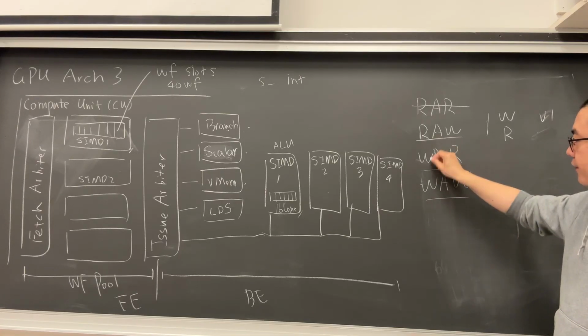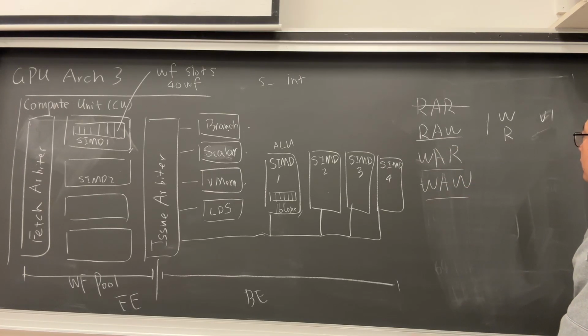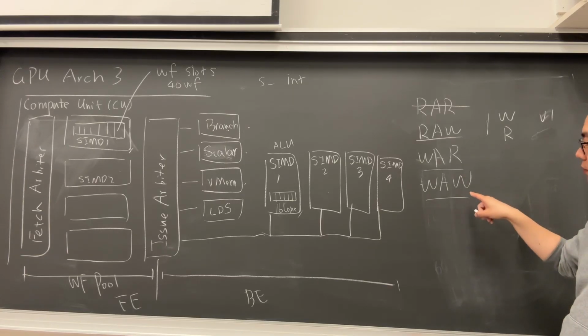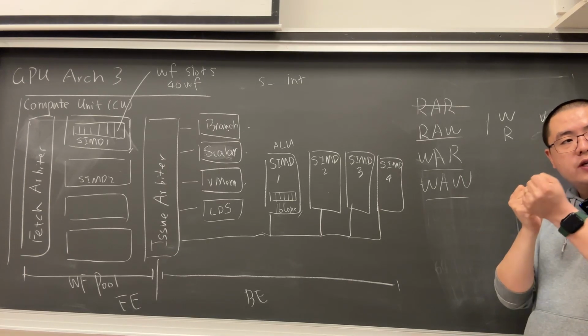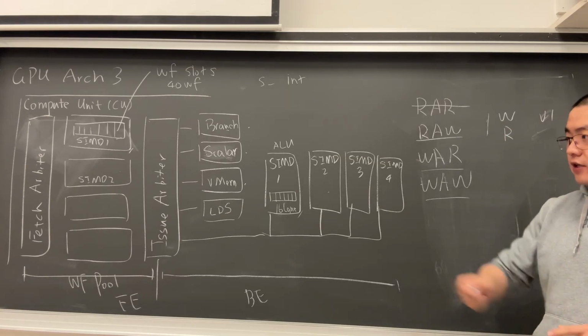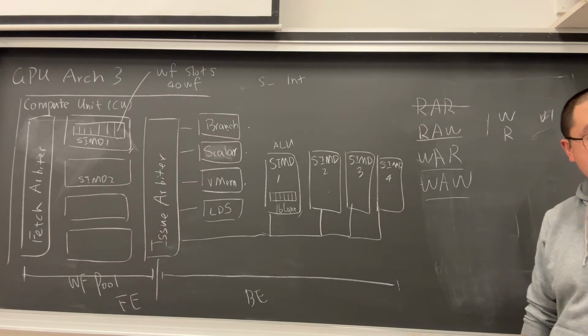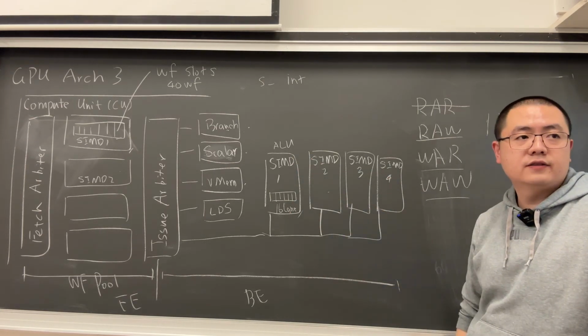So write after read. Write after read and write after write, they both need, say, 2 instructions to go onto different paths, right? So can we have different paths? Yes, we can have different paths. For example, scalar can go much faster than a vector, right?